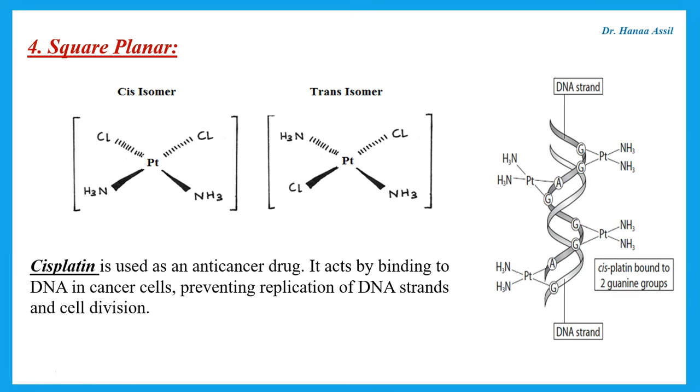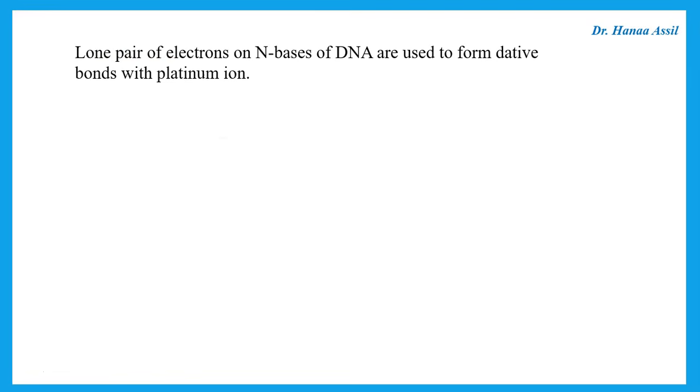The nitrogen bases have nitrogen with a lone pair of electrons that can be used to displace the chloride ions on the platinum complex. When it is cis, the 2 chlorides are near to each other, so we can form 2 bonds with the nitrogen bases on the DNA. This sort of traps the DNA, it cannot replicate, and the cells die.